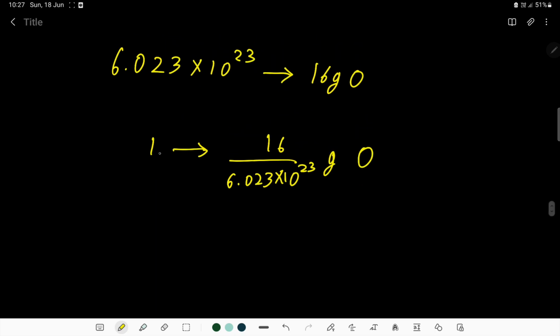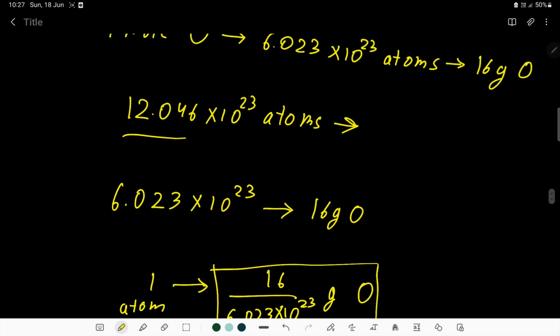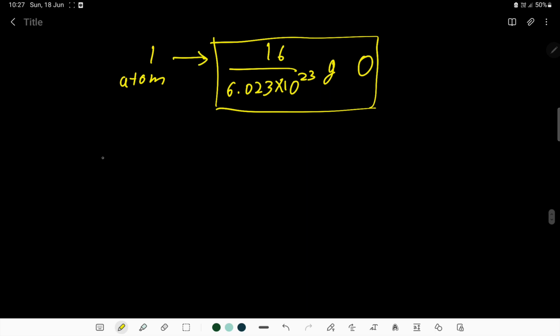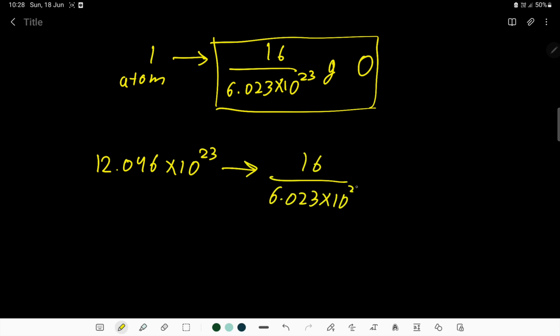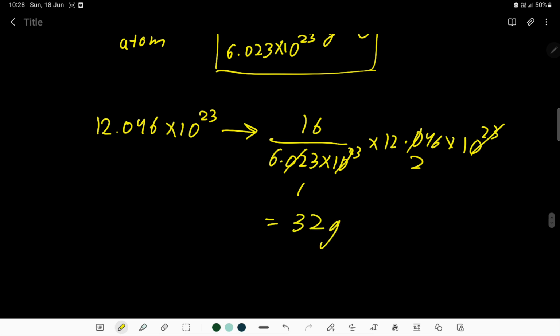It means that 1 atom of oxygen weighs this many grams, and we need exactly this many atoms. So we multiply the equation on both sides by 12.046 into 10 to the power of 23. The 6.023 into 10 to the power of 23 cancels out, the 12.046 divided by 6.023 gives 2, and we are left with 32 grams of oxygen.